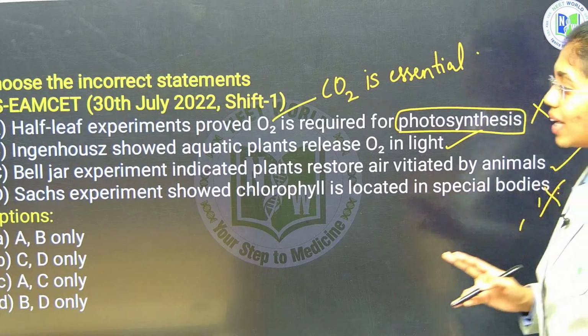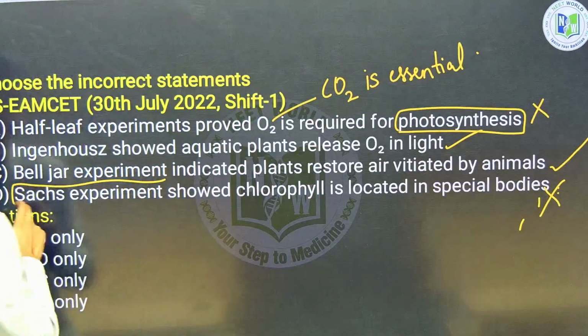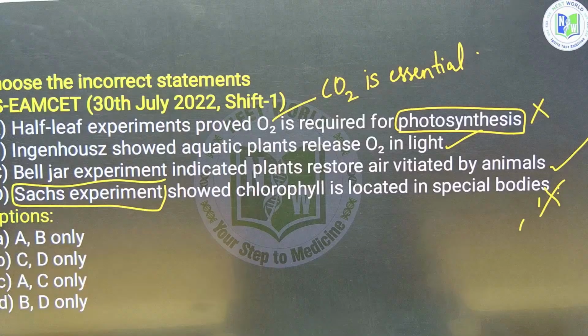Wrong. Von Sachs proved that glucose is formed at the end of photosynthesis, and he said that glucose is formed inside the chloroplast. There is no point of special bodies in his discovery.